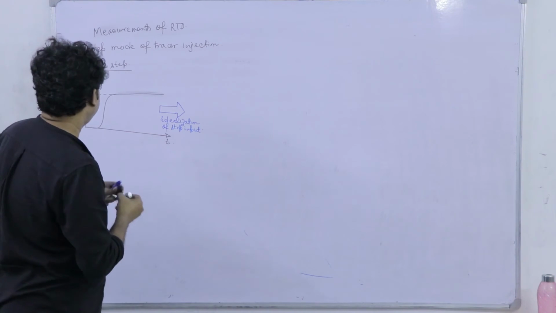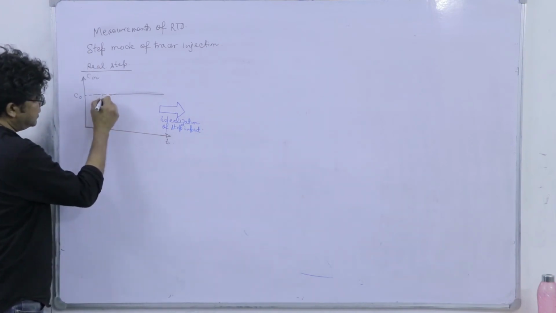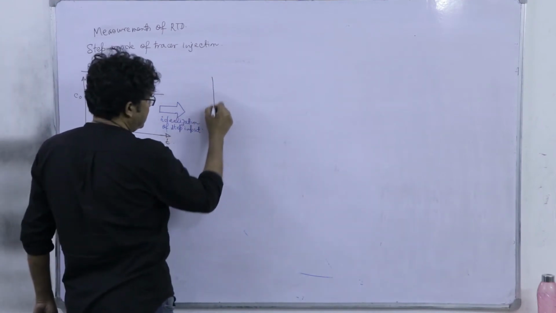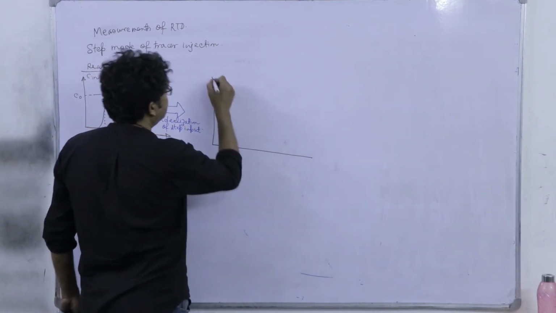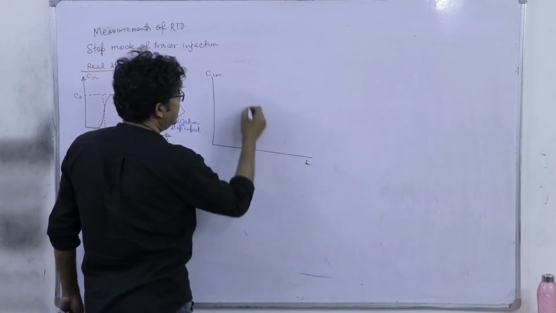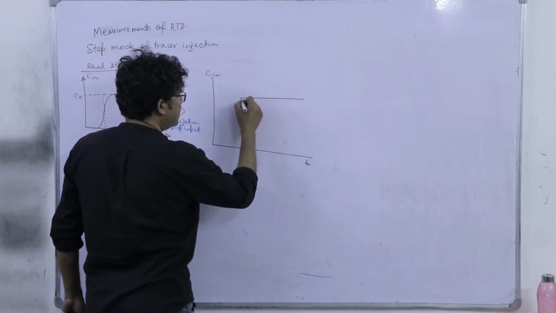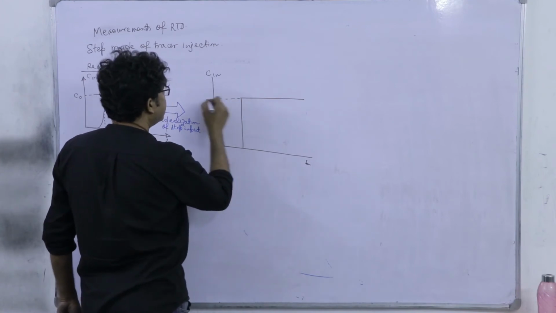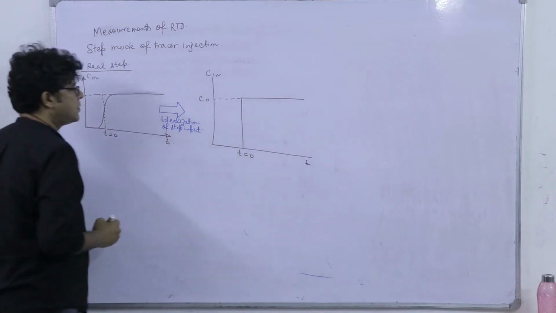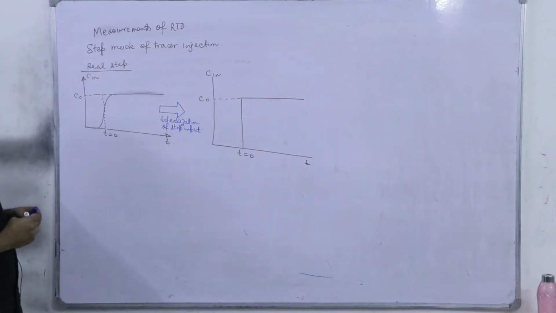What is that? Here we will think that this is time t equal to 0, and we can generate this C in versus t as something like this. This is C naught, this is t equal to 0, right. So, that is the typical step input.